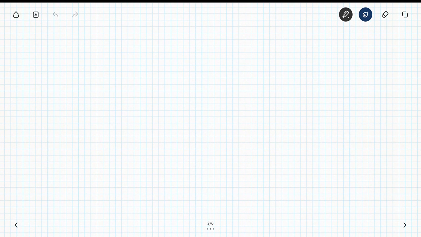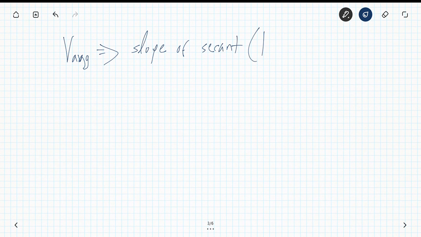Okay, so if you want the average velocity, then you're going to take the slope of the secant. Okay, so you need 2 points that are at an adequate distance.